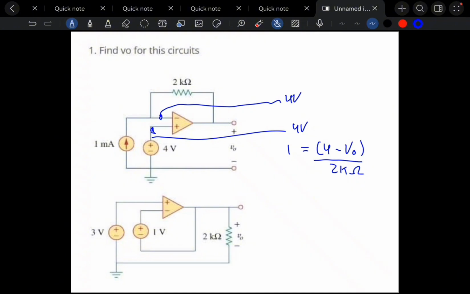So we just gotta solve it here, which leads into 2 equals 4 minus V0. Okay, so which means V0 equals 4 minus 2, V0 equals 2.